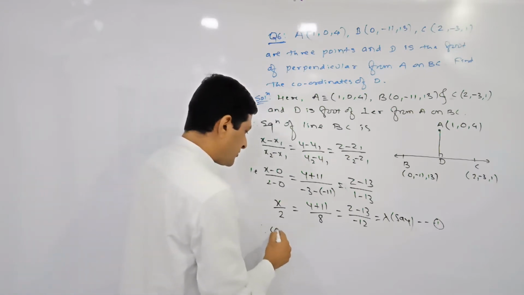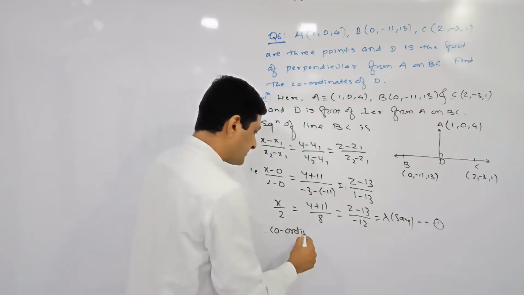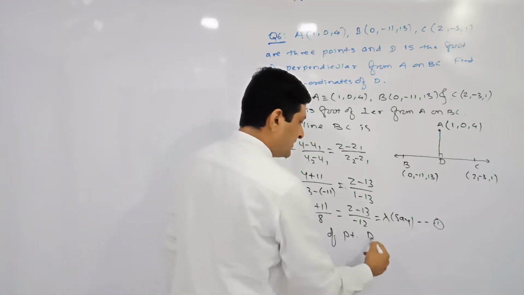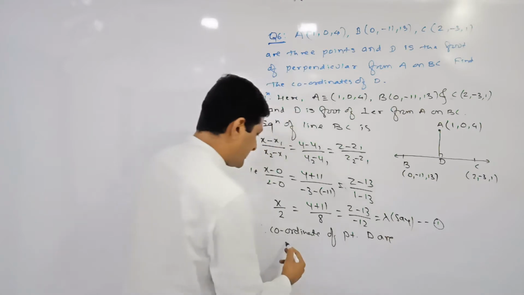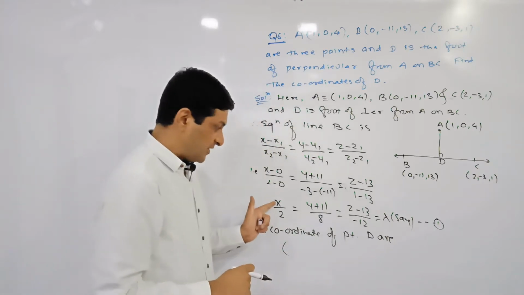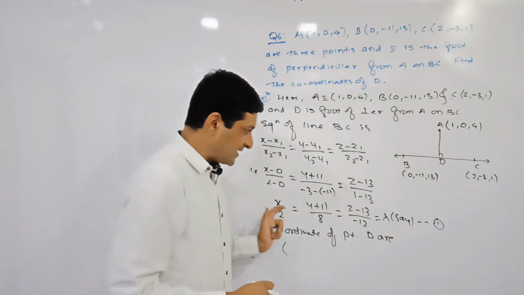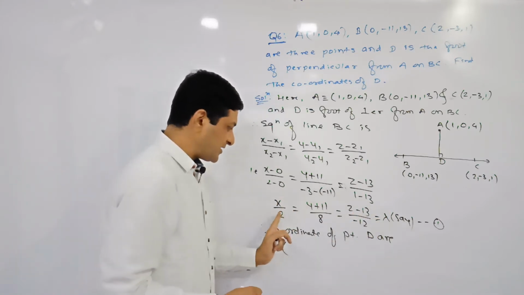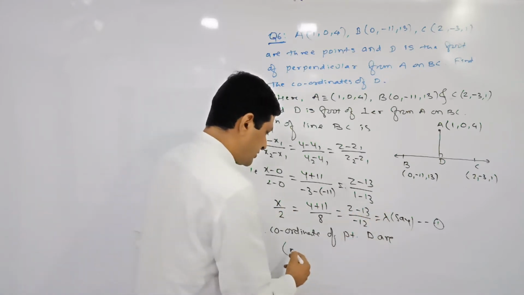So let us find the x coordinate, the value of x. Considering that these values are equal, x will be equal to 2 into lambda, that is 2 lambda.